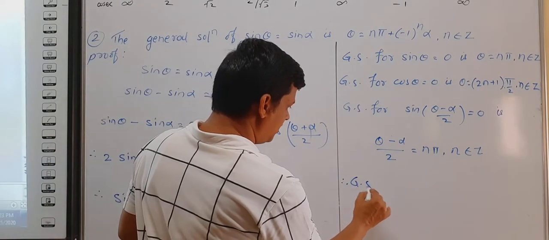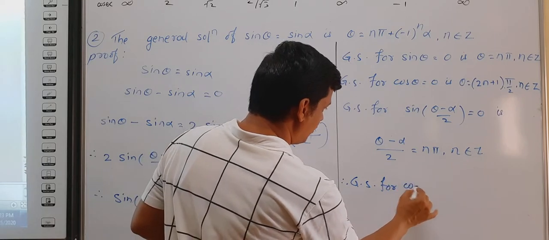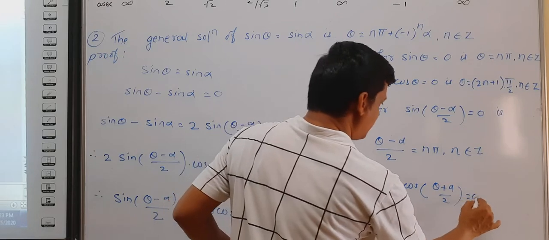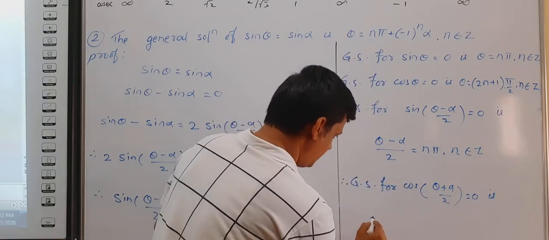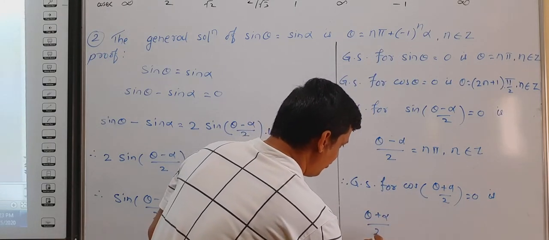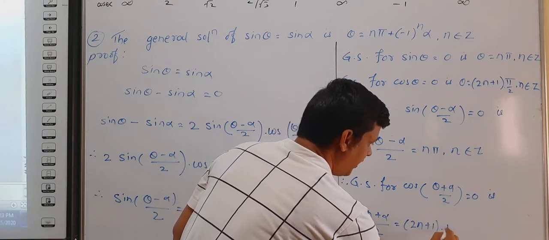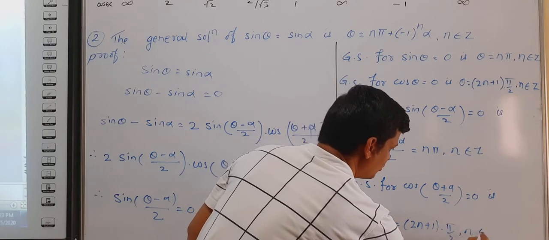Therefore, the general solution for cos of (theta plus alpha) upon 2 equals 0 is (theta plus alpha) upon 2 equals (2n plus 1) into pi by 2, n belongs to Z.